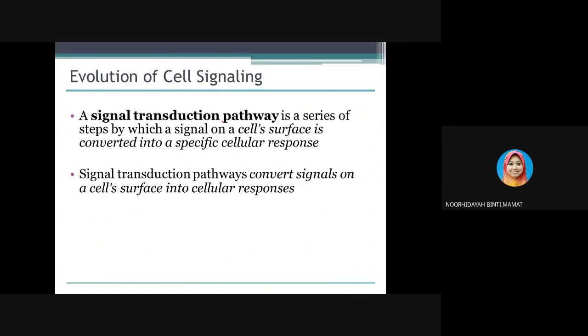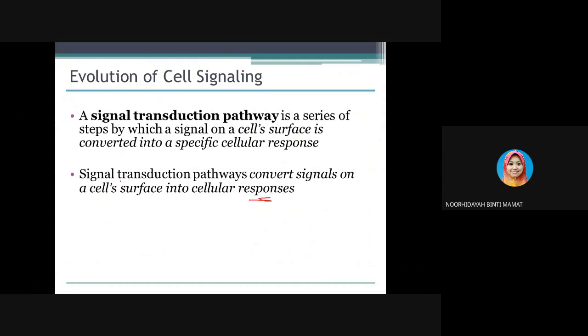The signal transduction pathway is a series of steps by which a signal on a cell surface is converted into a specific cellular response. You know we have several stages in the pathway of the cell, right? We have the reception, we have the transduction, and we have the response. So the signal transduction is a series of steps by which the signal is converted into a specific response.